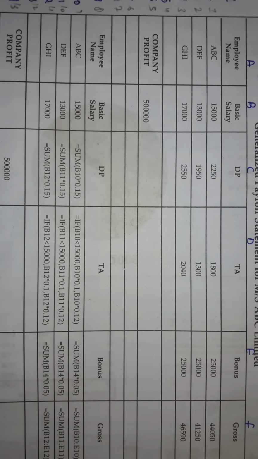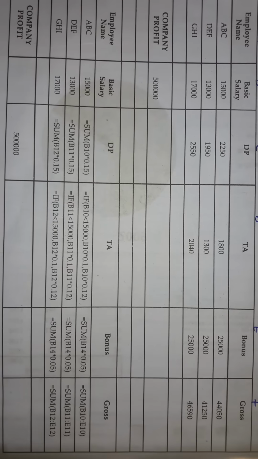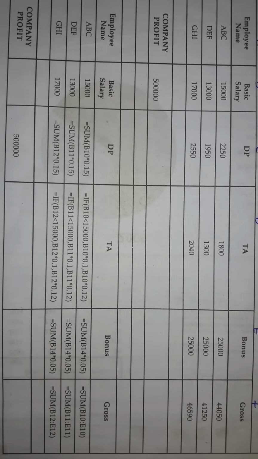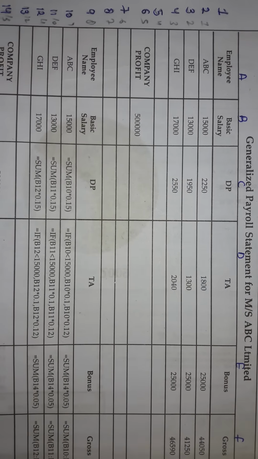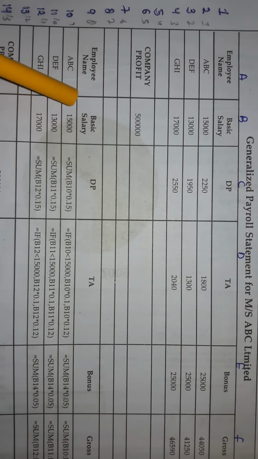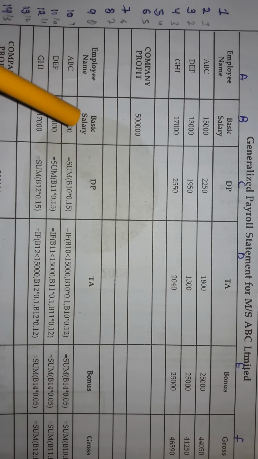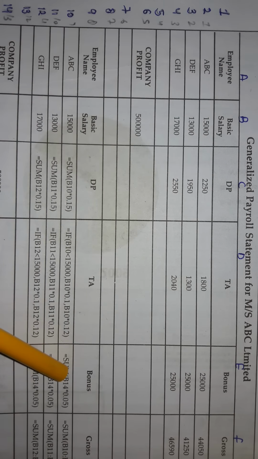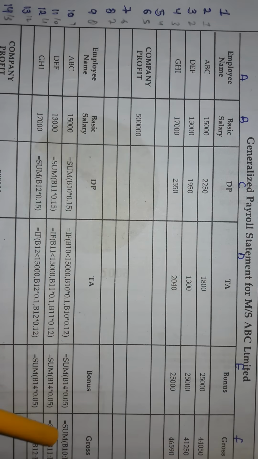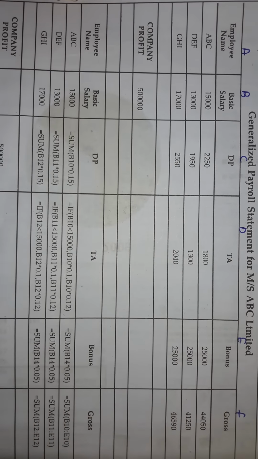Then gross. For gross, what you need to do is, let me do it here. Gross is equal to sum B10 to E10. You can see B10 is here and E10. So you have to calculate this. That's why B10 to E10.